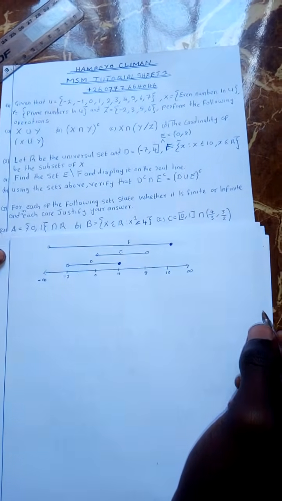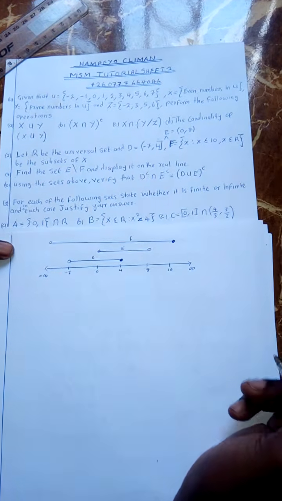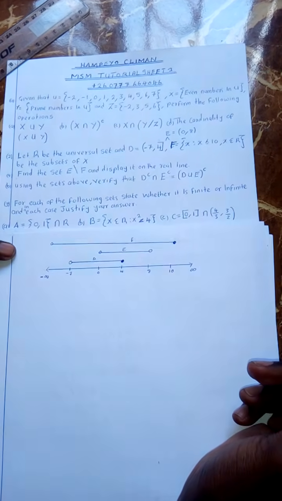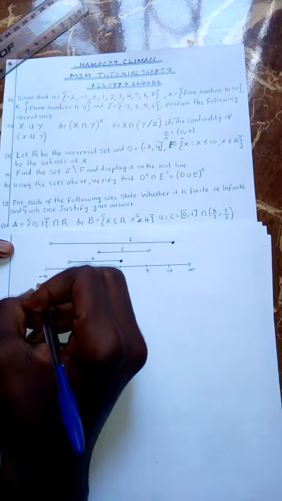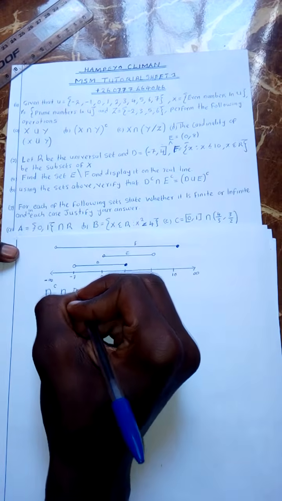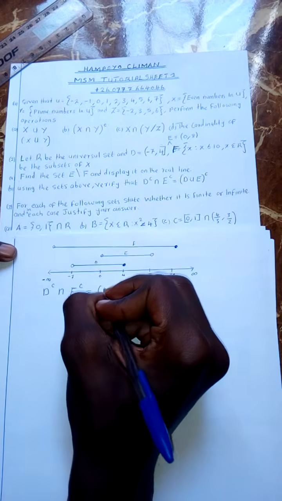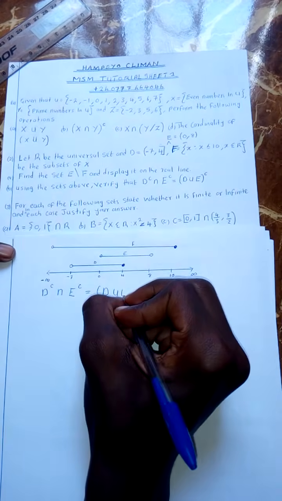Now, they are saying that using the above, verify that D complement intersection E complement is equal to that. What we are simply doing here is also what we call De Morgan's law or De Morgan's theorem. Okay, just want to prove this.